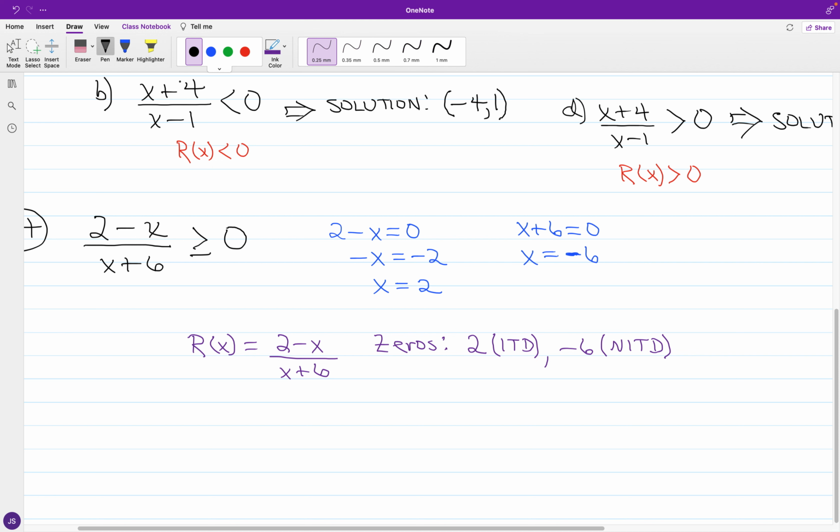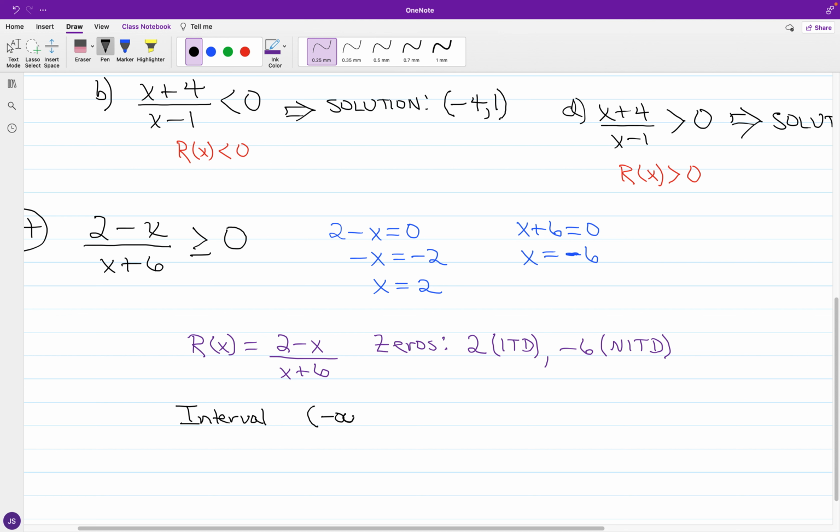Okay. And setting up what we have for the table to serve as a pathway to solving this inequality. So setting up the intervals, and between 2 and -6, we have -6 as the smaller value.